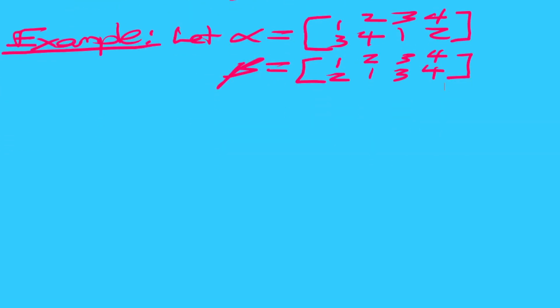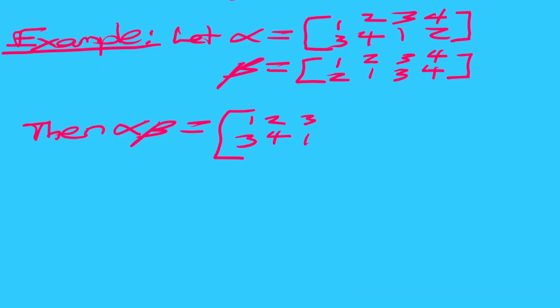So then we have alpha beta is, let's rewrite our arrays. So we're going to go from right to left.